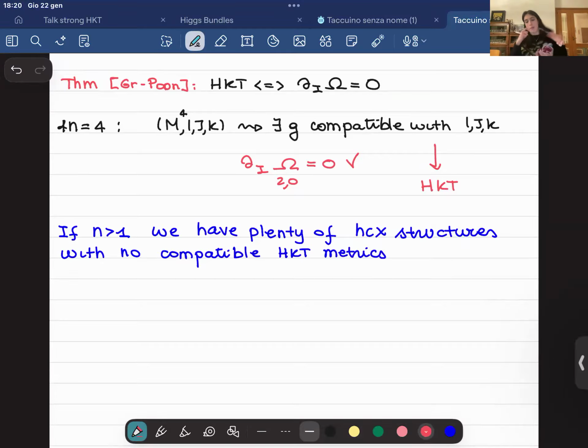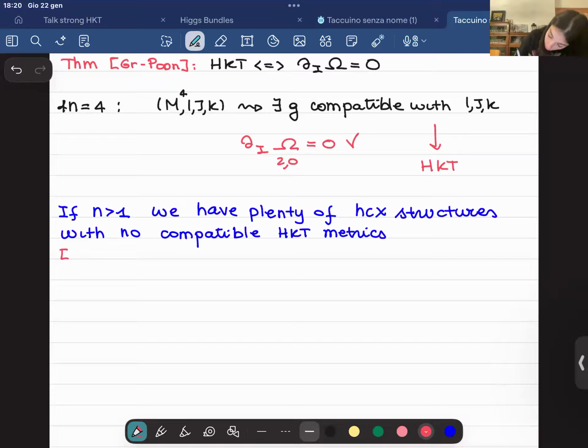The first example was exhibited by Fino and Grantcharov. I don't remember exactly the year, but it was in quaternionic dimension 2, so for n equal to 2, on nilmanifolds.